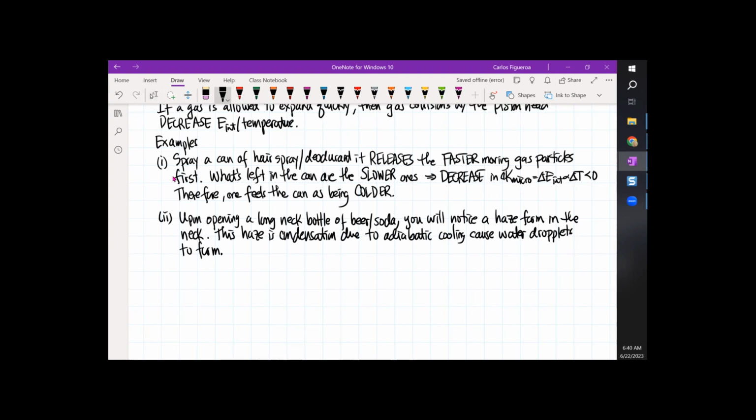Now, why is it causing water droplets? Because when you open the bottle, what gets off first is the faster particles, leaving the slower ones, and then the temperature drops.